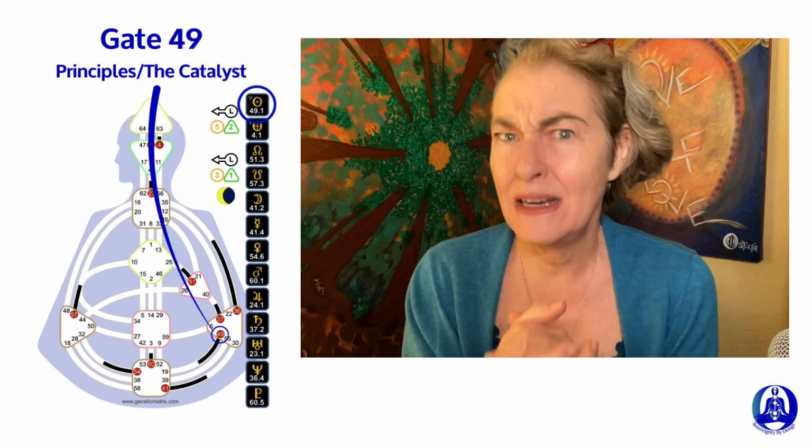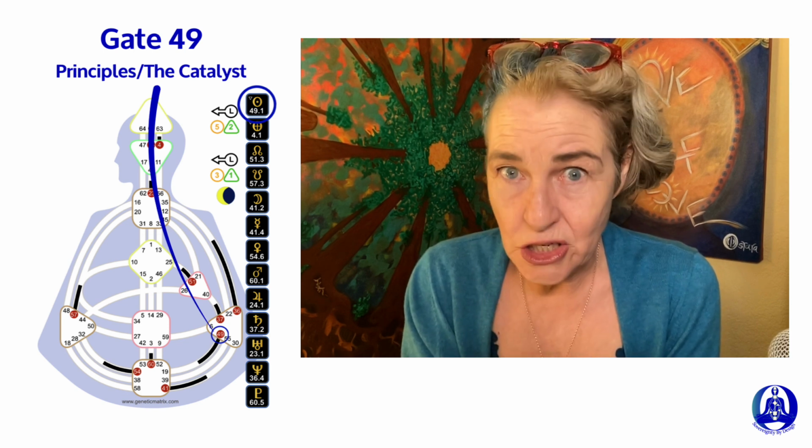So the 49 is a beautiful emotional energy, and it's known as principles in traditional human design, or the catalyst in quantum human design. It's also known as the gate of revolution. So it is about relationship and partnership in particular.